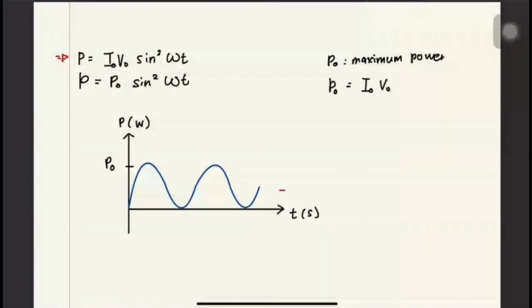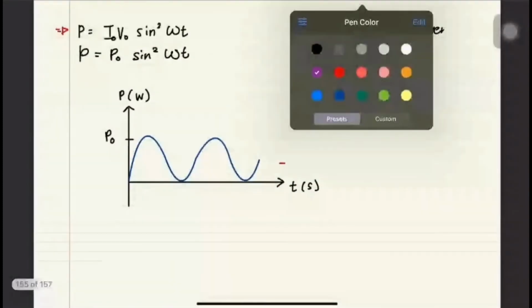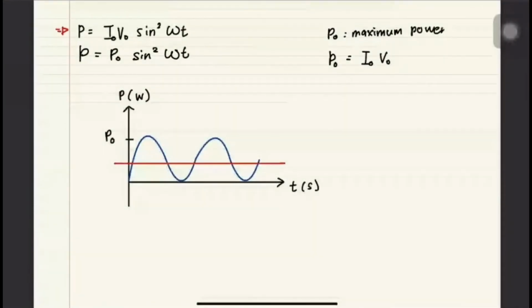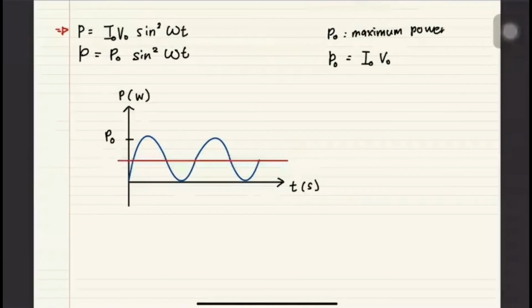If you want to calculate the P average, basically I just take half of this. So half of this graph is your P average, which is P0 over 2.